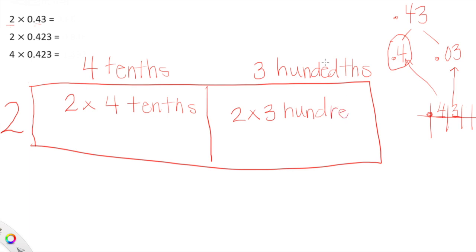Oops, I forgot an R up here. Okay. And then I'm going to be looking for 2 partial products. 2 times 4 tenths is 8 tenths.